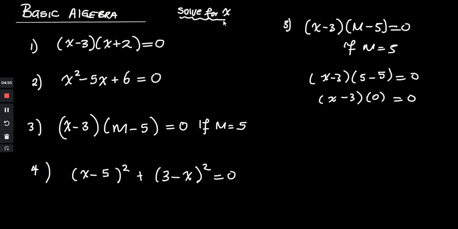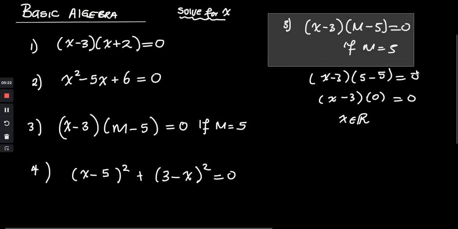If you look closely at the problem, you can see that if x takes on any real number, we will have a solution which is still 0. So if x is 1000, you have 1000 minus 3 times 0, which will give you 0. So what is the answer for this problem? x is any real number.